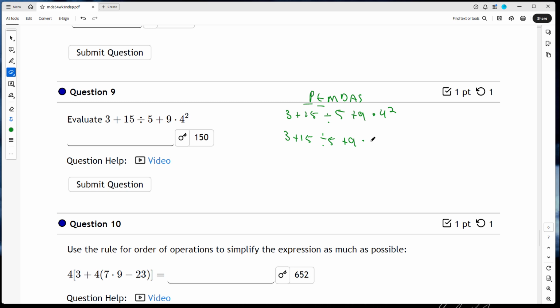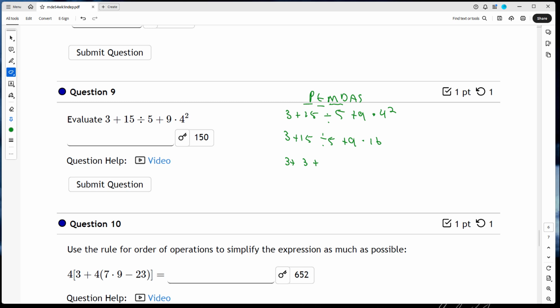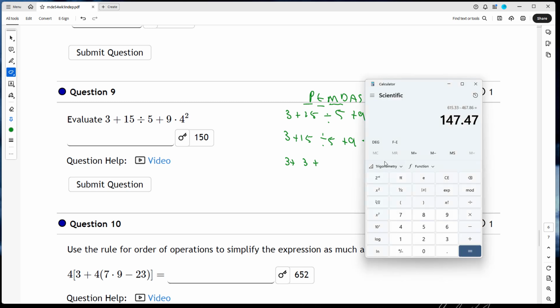Four to the second power is 16. Multiplication and division, I have that. Plus 15 divided by 5, which is 3. Plus 9 times 16. What is 9 times 16? Let's see here. Pull up a calculator. Let's find out. 9 times 16. 144.